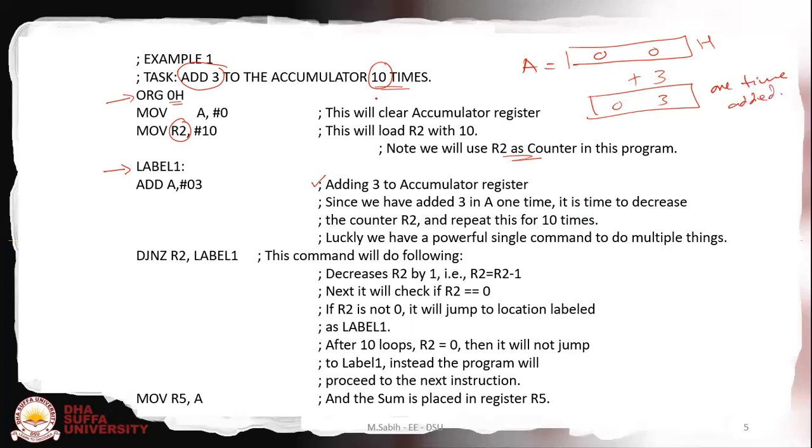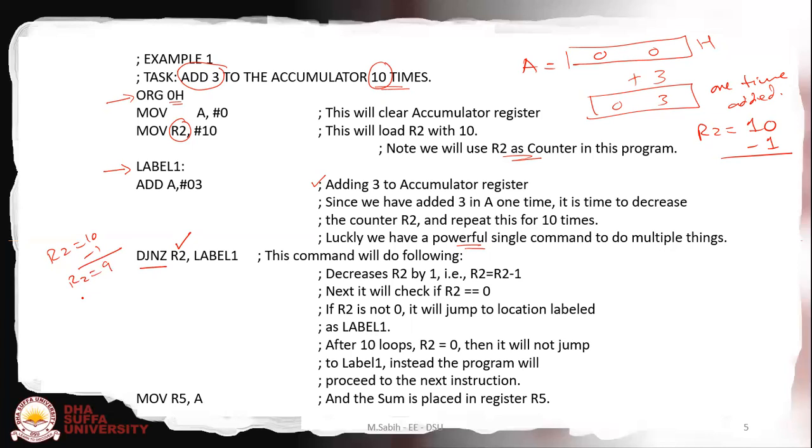So the counter R2, which contains the value 10, needs to be decremented. We have a very powerful instruction for this, which is decrement and jump if not 0. Decrement will reduce R2 from 10 by 1, and R2 will become 9.